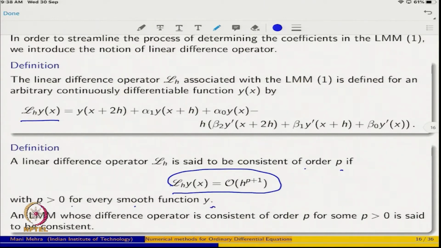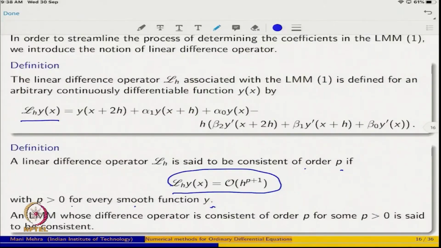You can observe that consistency is a necessary condition for convergence, because this is a truncation error which should tend to 0. When I proved the theorem in the last lecture for the forward Euler method, I was able to prove convergence because the truncation error was tending to 0 as h tends to 0.